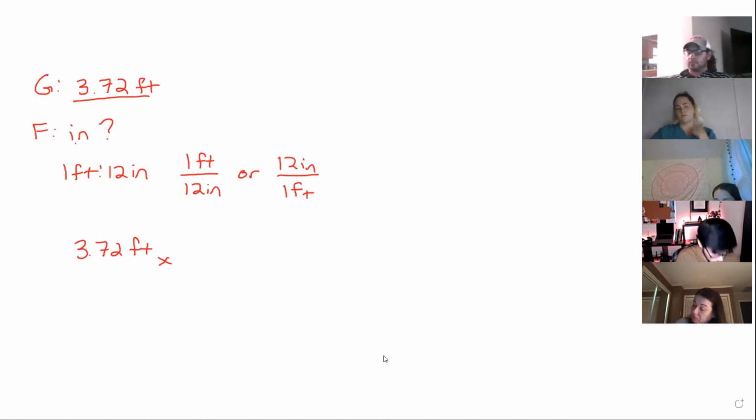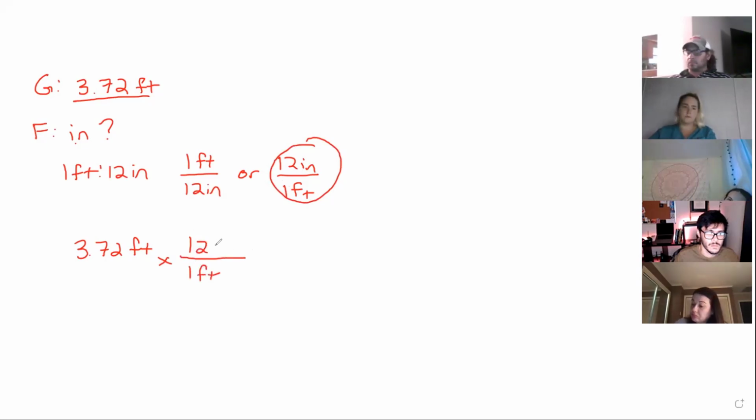Feet are here, so I want feet on the bottom. So I'm going to use this: 1 foot for every 12 inches. What happens to the unit of feet? Those cancel. And then you just do the calculation.